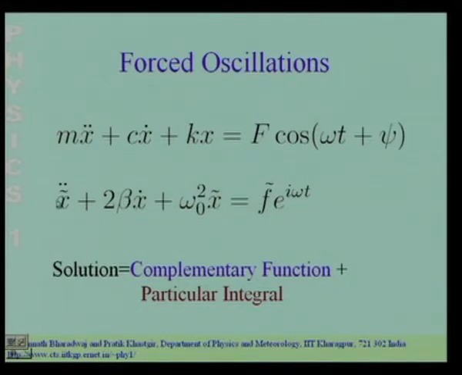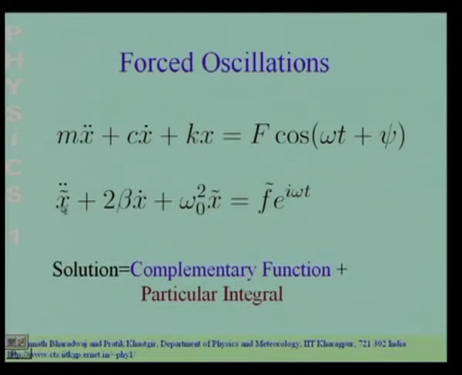Now, the solution of such an equation, as I had told you, has two parts. There is the complementary function and there is a particular integral. The complementary function is the solution when you ignore the force on the right hand side.